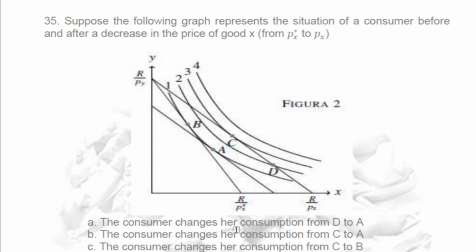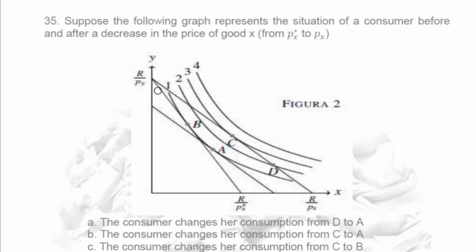The consumer changes her consumption from D to A. As the possible answers are regarding the best consumption bundle in each case, we will look at them.